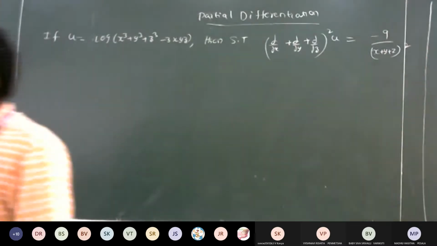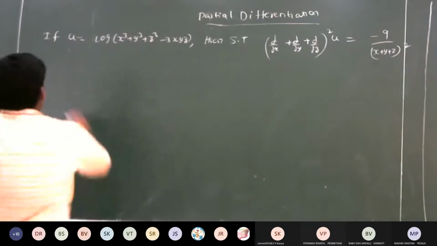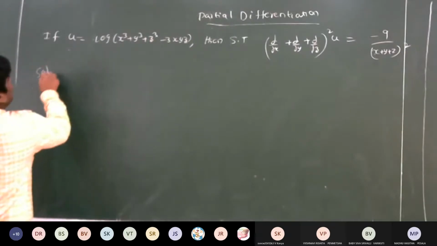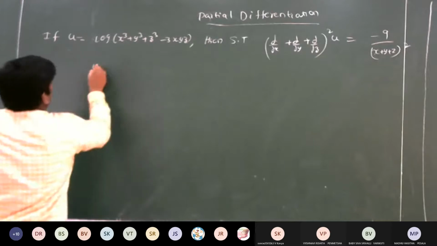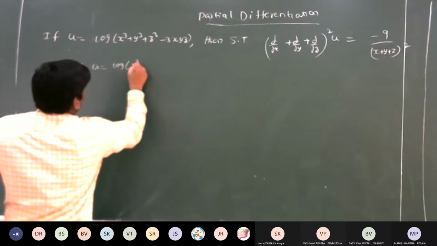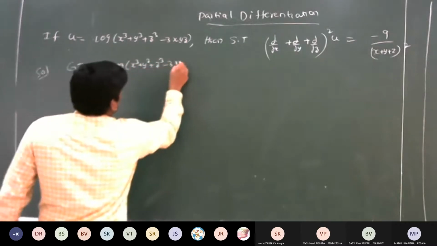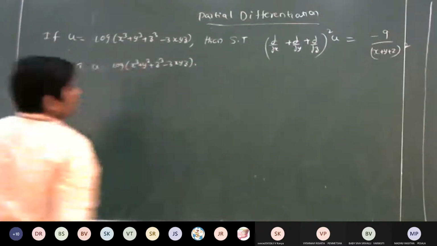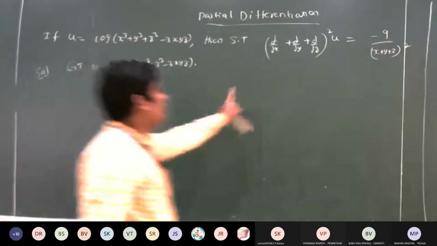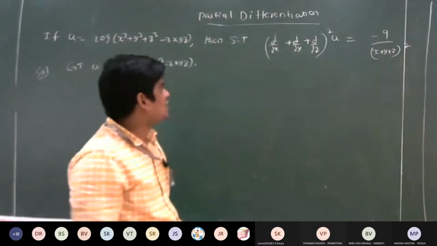So this is one of the very, very important problems. Here, given that u is equal to log of x cube plus y cube plus z cube minus 3xyz, we have to show that this value is nothing but minus 9 by (x plus y plus z) whole square.